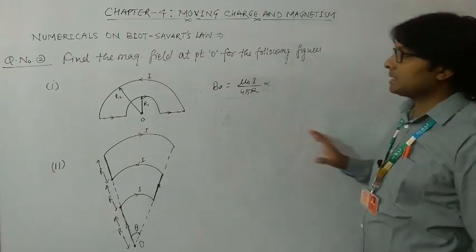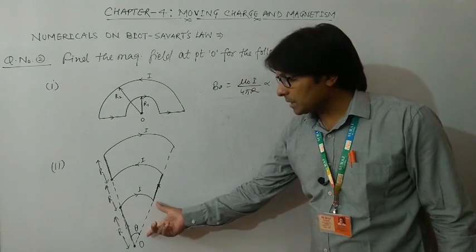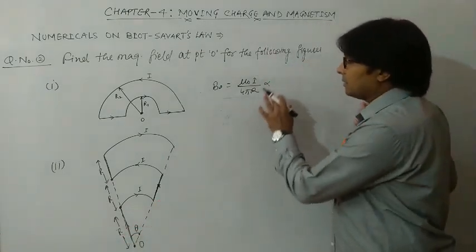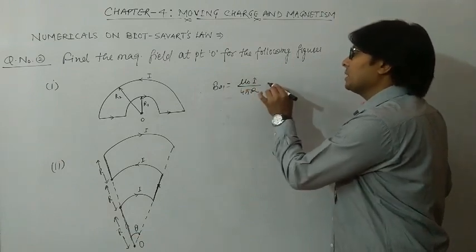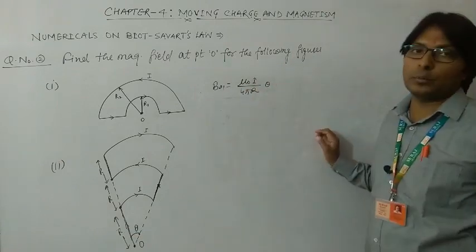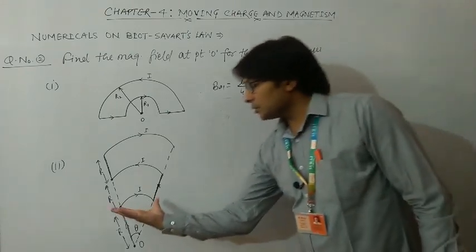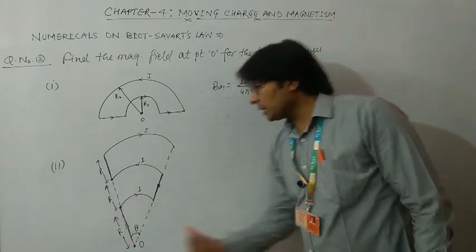For the very first arc, which has radius r, it becomes B01 equals mu 0 I upon 4 pi r into theta, and the direction using the right hand thumb rule is perpendicularly inward at center O.